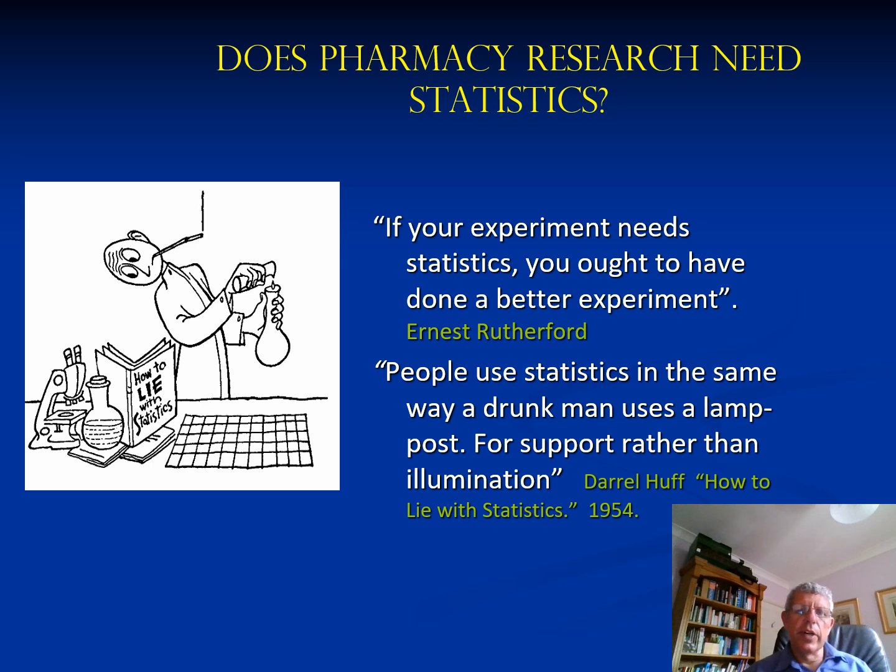This slide asks the question, does pharmacy research need statistics? And the answer is that it depends. First of all, what do we mean by statistics? Statistics can be used to summarize or describe a collection of data, and this is called descriptive statistics. This is useful in nearly all research when communicating the results of experiments or studies.